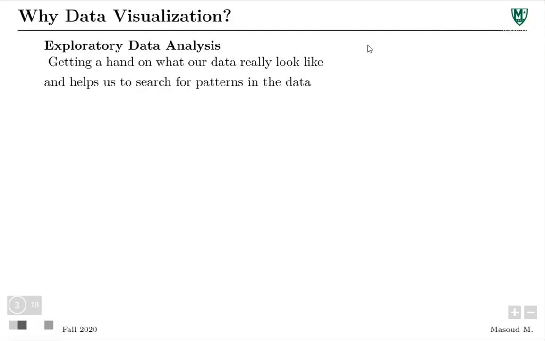What are these variables and how do they change versus one another, or if there is any specific trend or pattern in your data. And the easiest way to do it is by making graphs and plots. Using data visualization is something that is going to help you a lot. Obviously, it's much better and much easier than just looking at a set of data and trying to find out if there is a pattern.